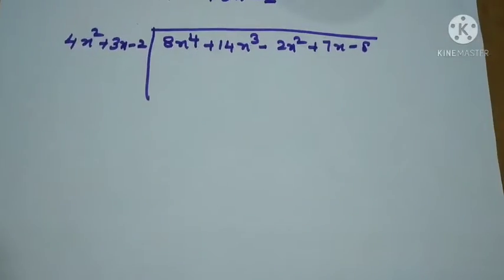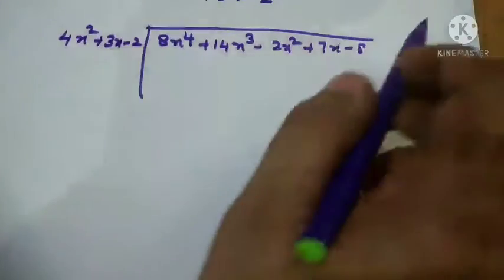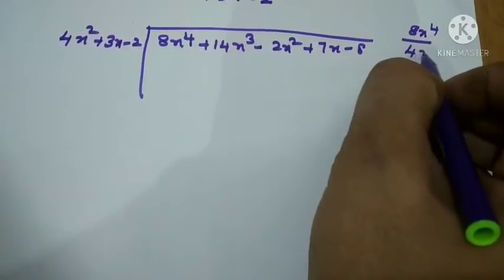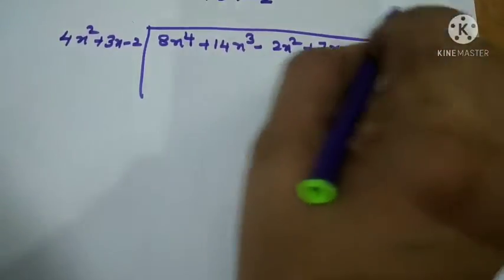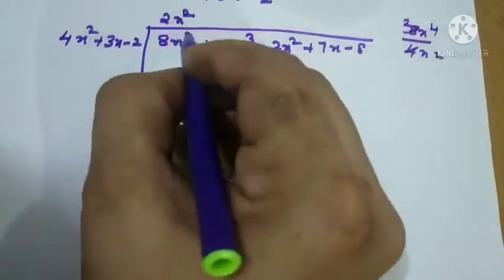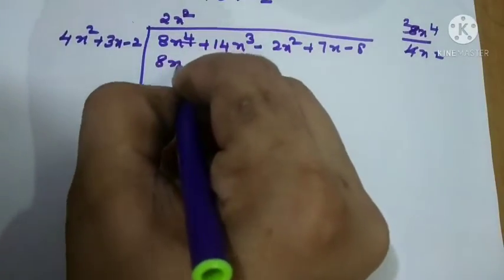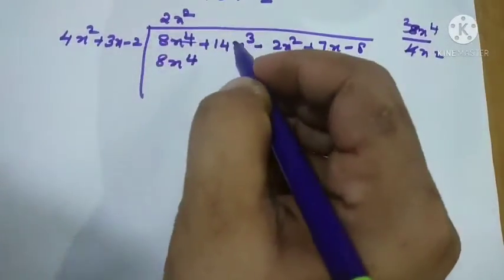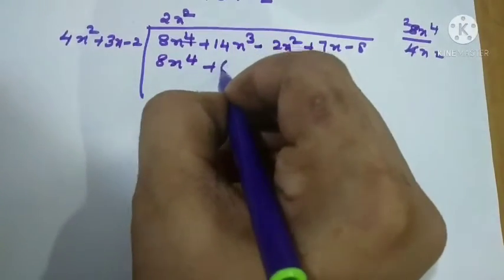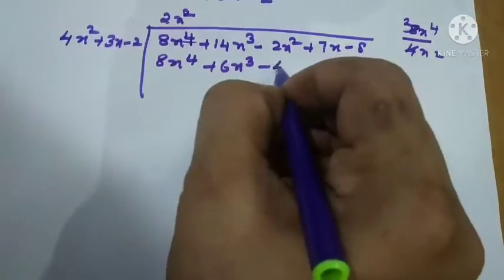So what is the first term? 8x raised to 4 divided by 4x square. So it is 2x raised to 2 only. So after multiplication, 3 into 2, 6x cube minus 4x square.